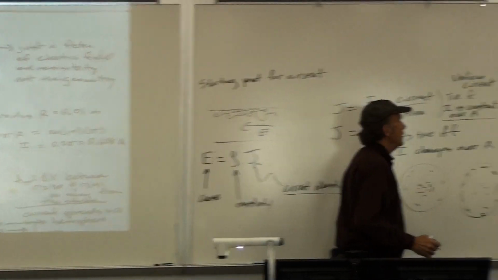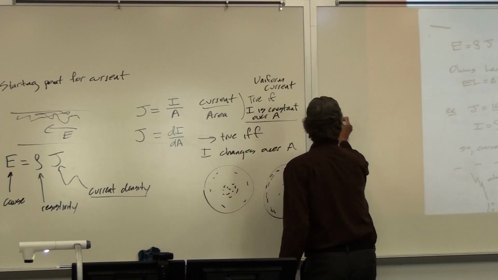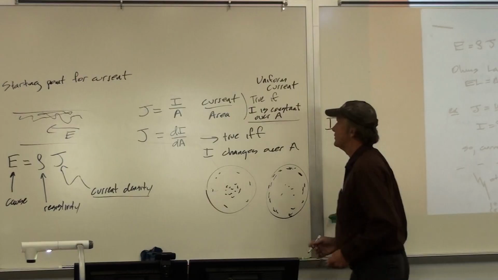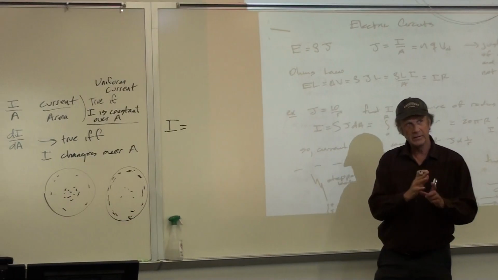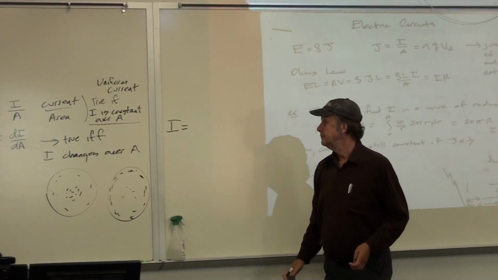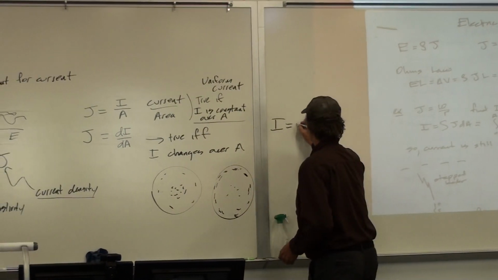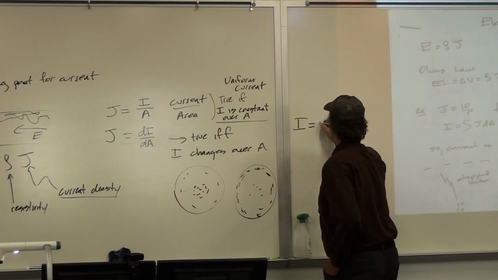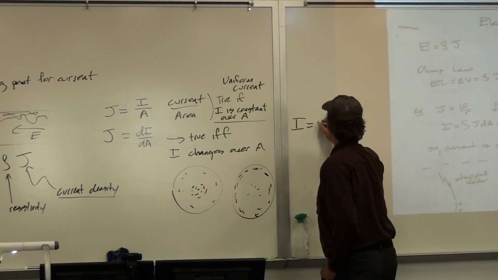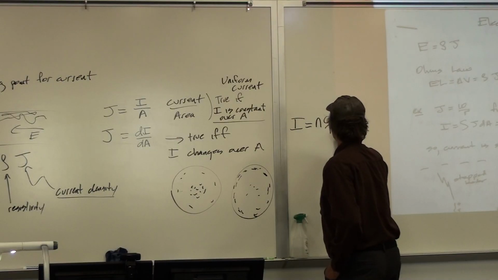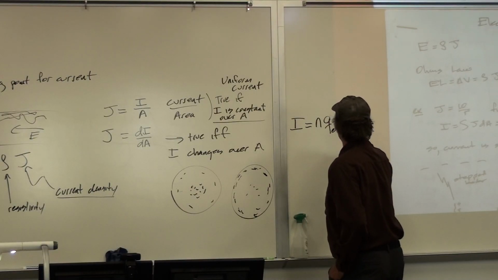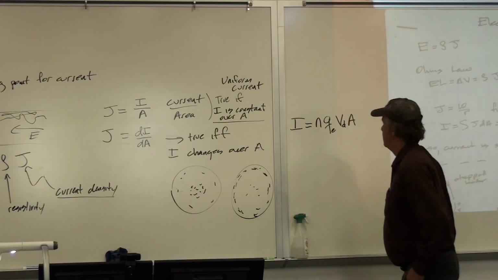Well, because before, recall that we described the current, and this was a very important result from the lab lecture. So remember that that's all being included in here. This was equal to the number of charge carriers per unit volume times the charge on an electron times the drift velocity times the area.